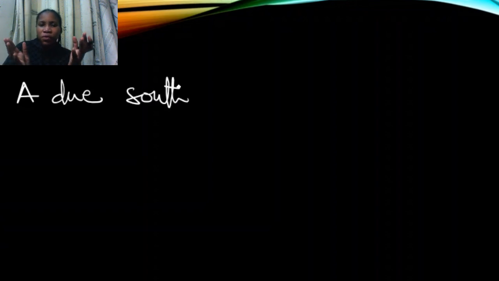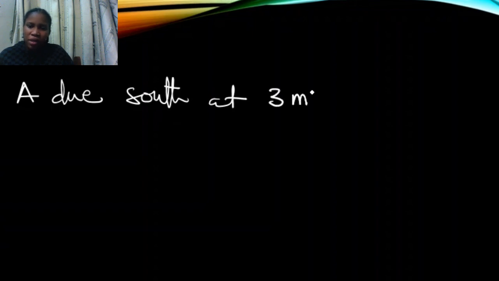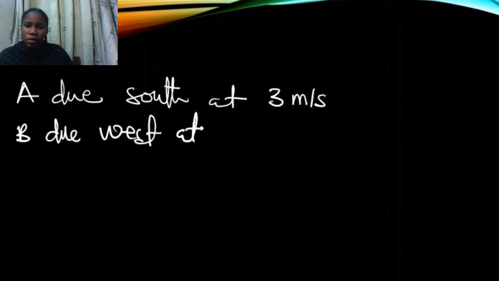We have different forms of vector quantities, but in this video I'm just using velocity as a very common type of vector quantity. So it's moving due south at 3 meters per second, and body B is moving due west at 4 meters per second.